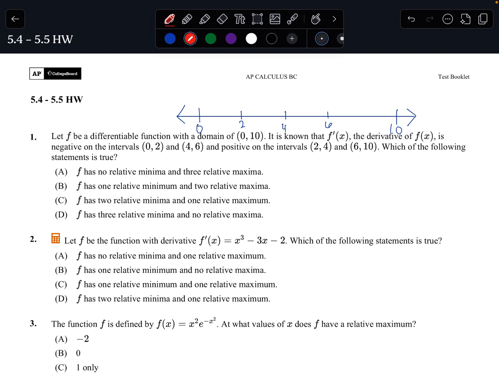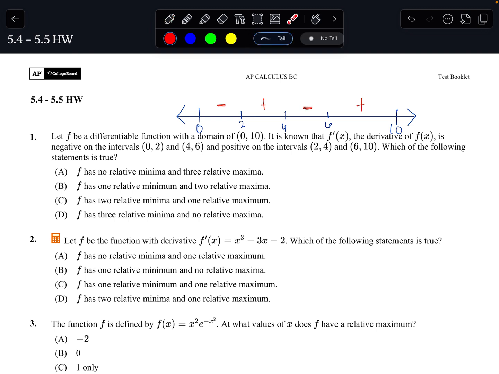So f prime is negative here and negative here, which means that the graph of f is decreasing here and here. And it's positive on the intervals from 2 to 4 and from 6 to 10.